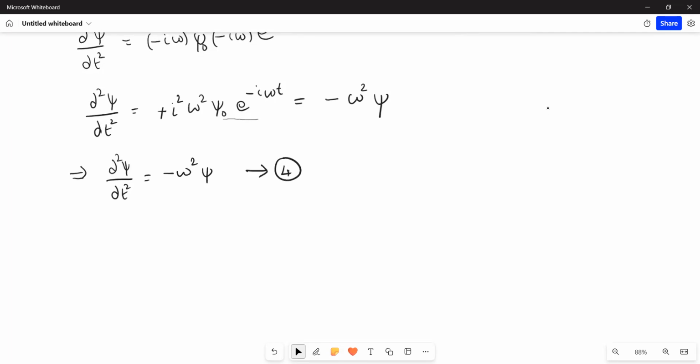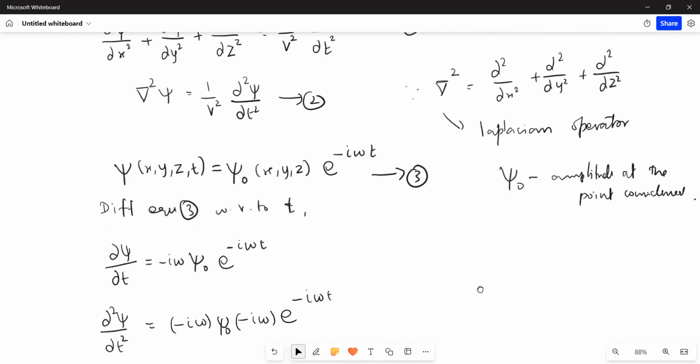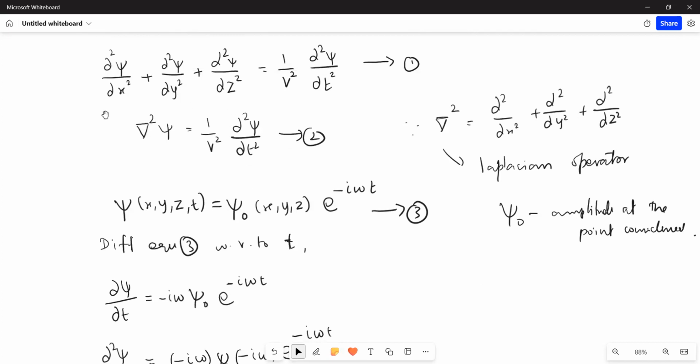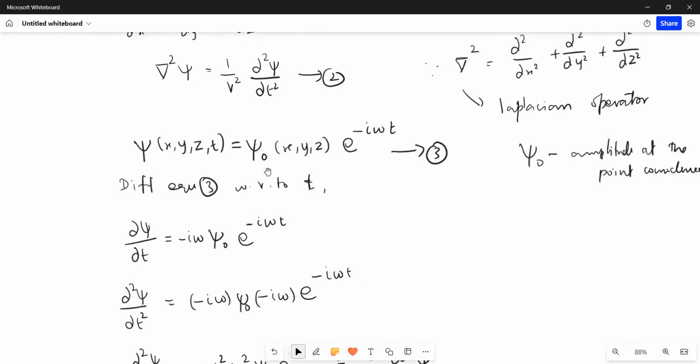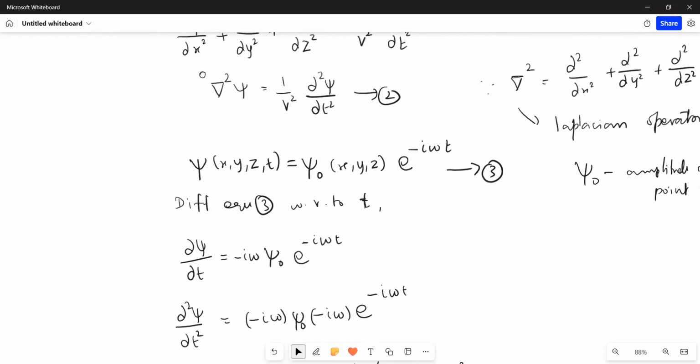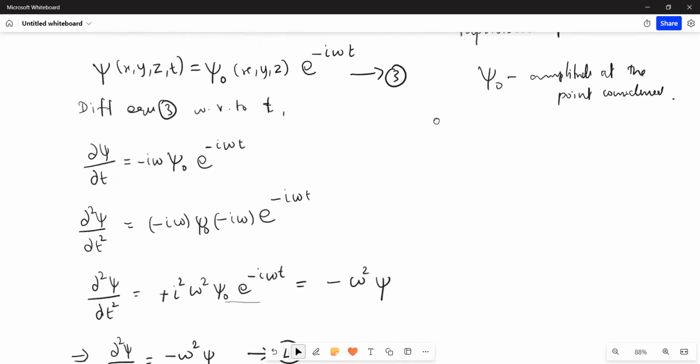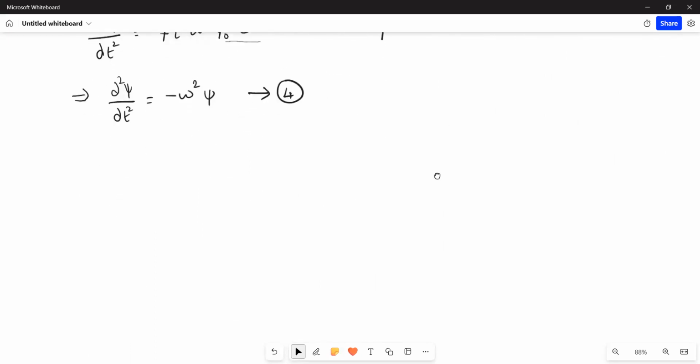So now you need to substitute into equation number 2. In this equation, what is del square psi? There you need to substitute equation 4.